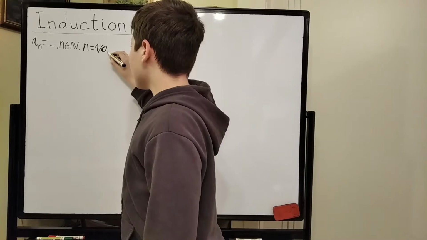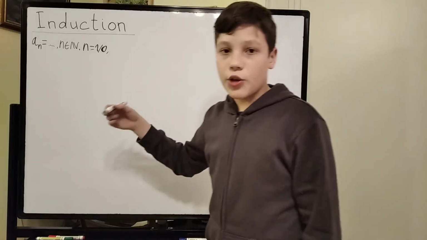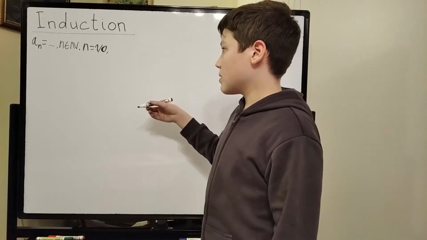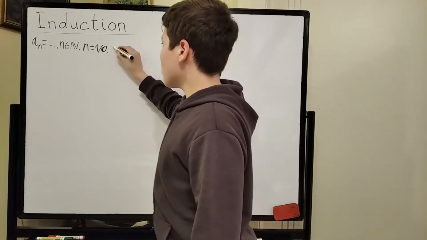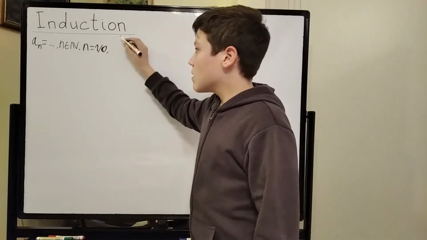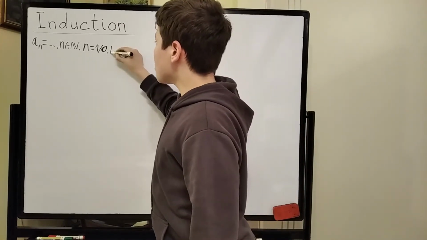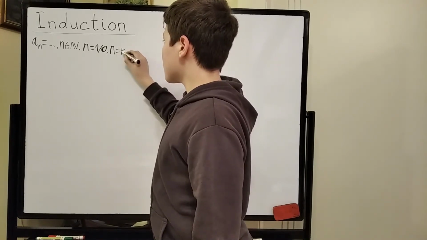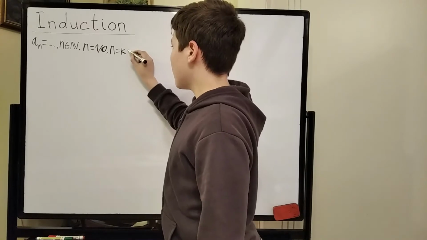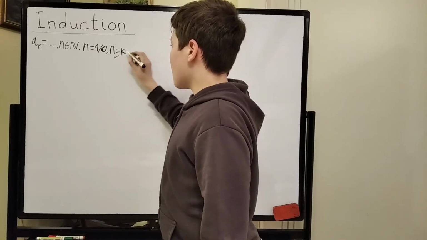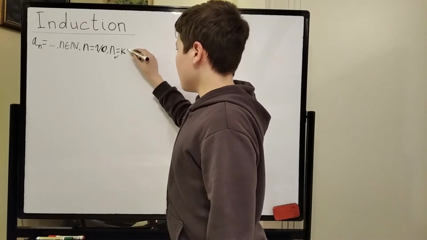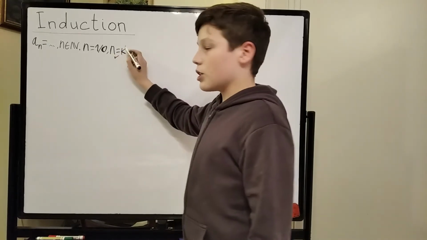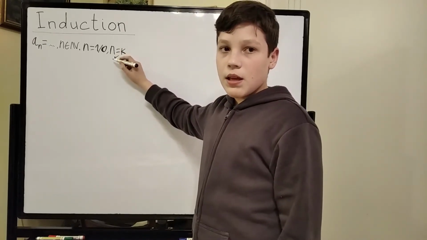Then, after you've done that, you really begin the induction process. So, what you do goes like this. Assume that it's true for n equal to a specific number k. This is called the induction hypothesis.